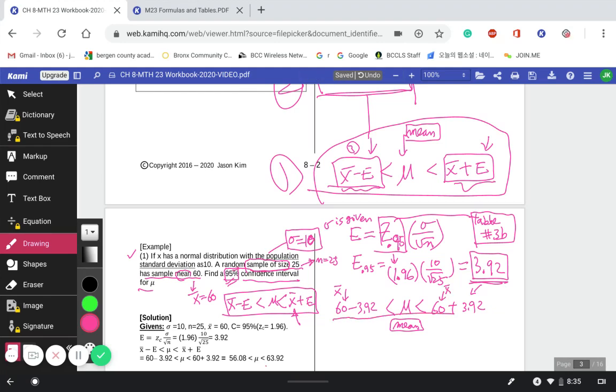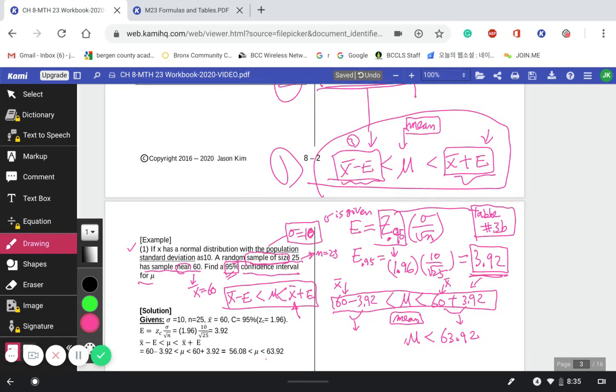If you do the actual calculation, mu becomes 63.92 by adding and 56.08 by subtracting. So what does that mean? That means your estimation of the mean is between about 56 and 63 or 64.